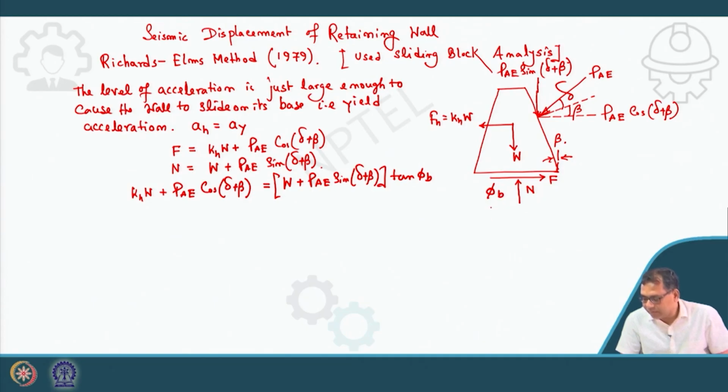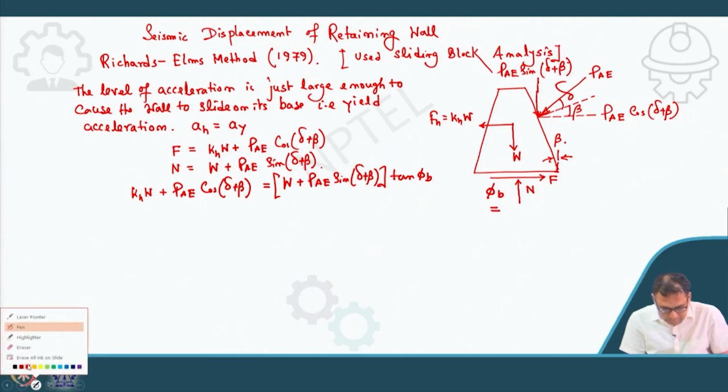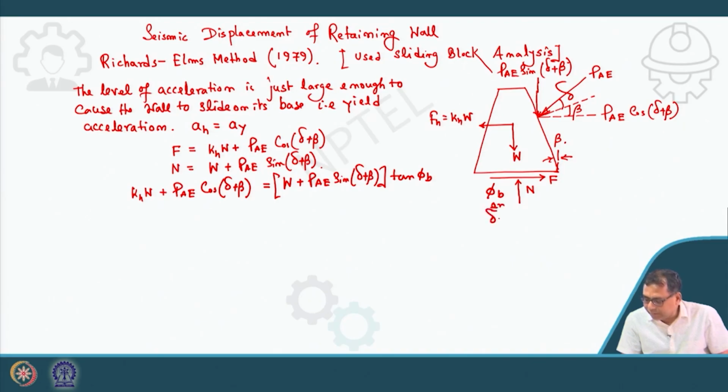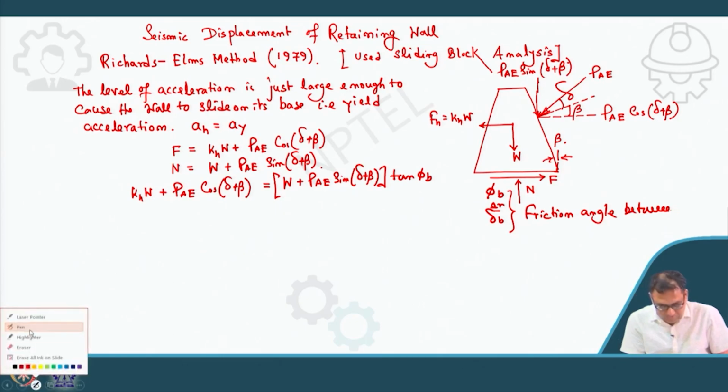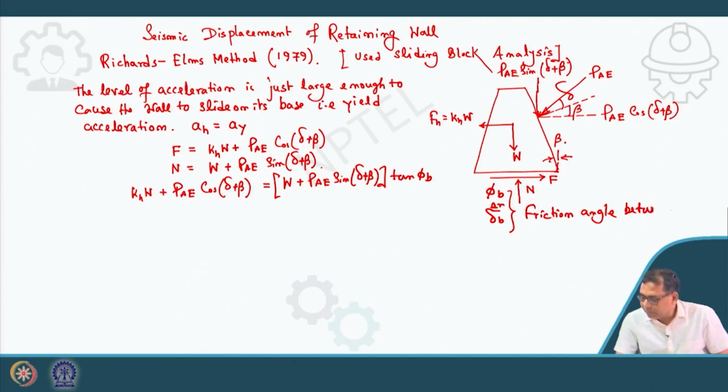What is phi b? Phi b or delta b is the friction angle between the wall and the base soil. Clear?